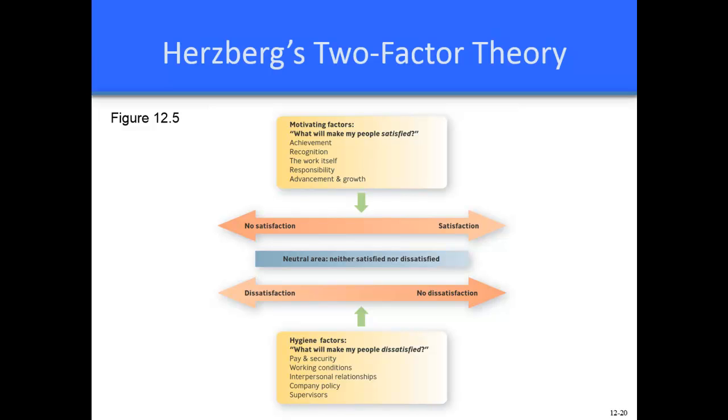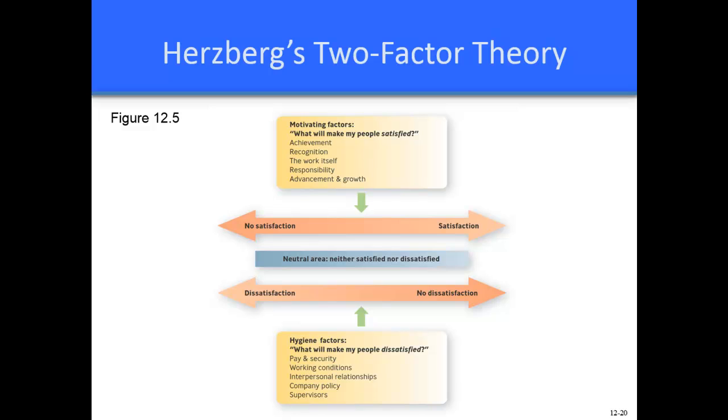Job satisfaction was associated with achievements, recognition, characteristics of the work, responsibility, and advancements. On the other side of that, job dissatisfaction was associated with work conditions, pay, job security, company policies, supervisors, and interpersonal relationships. The two-factor theory proposed that work satisfaction and dissatisfaction arise from two different factors.